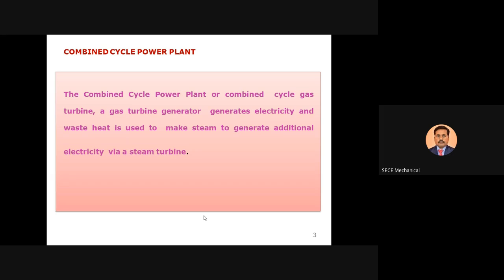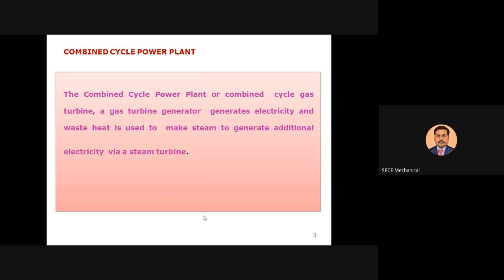Additionally, with this gas turbine power plant, a power producing method is added, that is called a steam turbine. With the help of that steam turbine, we use the waste heat from the gas turbine to make steam to generate additional electricity via the steam turbine. That is called combined cycle.